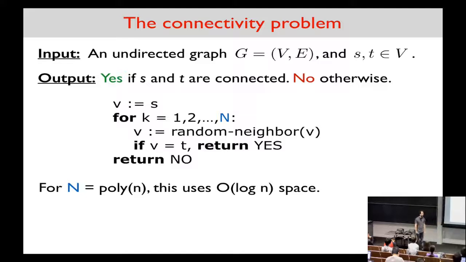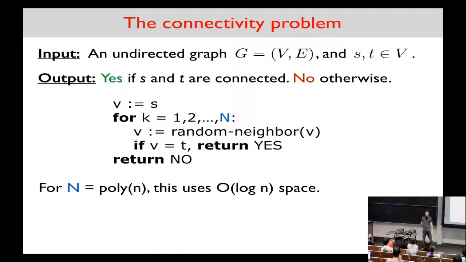Other than k, I have this variable v, which holds the name of a vertex, and that's also log n space. So really, as long as N is polynomial in n, we're good.